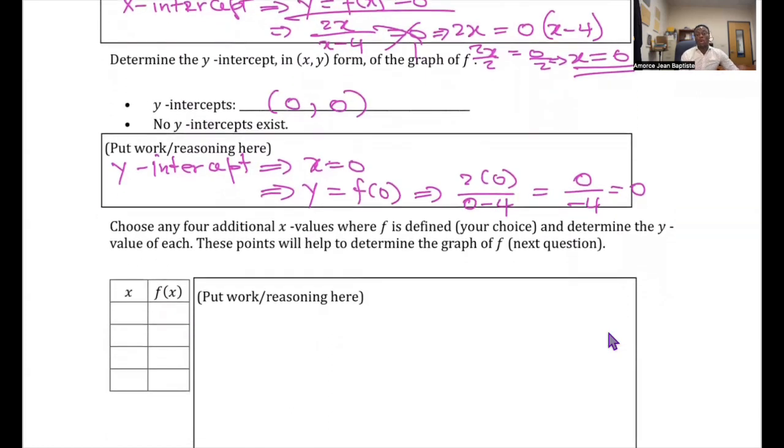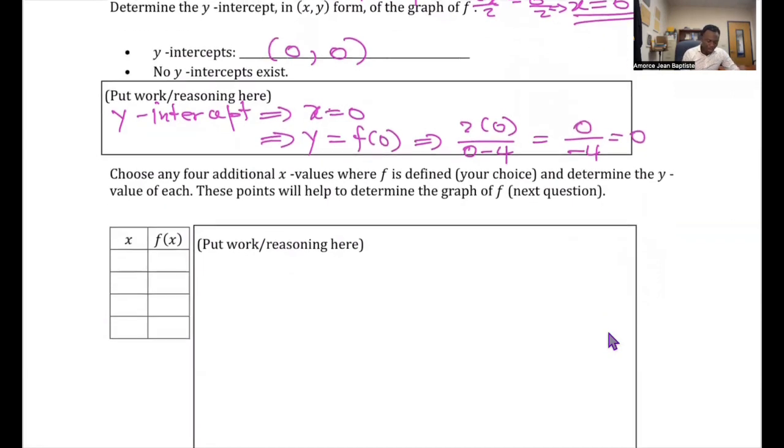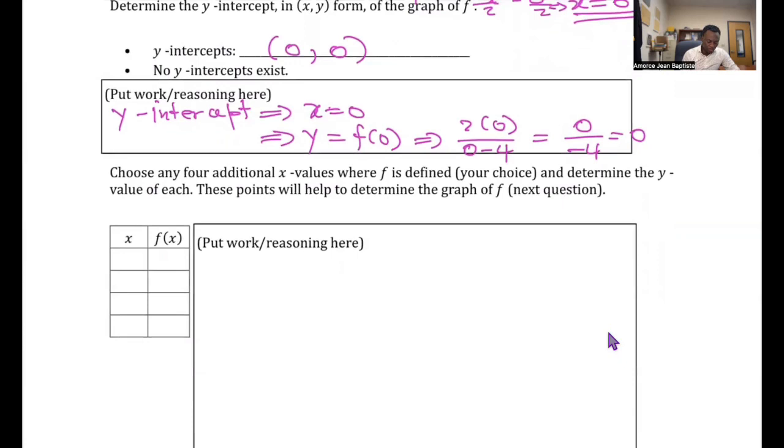Now, in order to graph your rational function, you may want to find some particular values for your function. Because the domain of the function, we're not going to forget, is from negative infinity to 4 and union from 4 to infinity, I'm going to make sure I'm very strategic when I'm looking for the values.